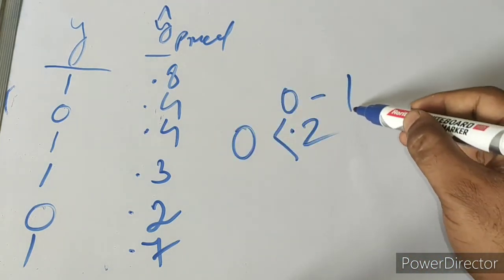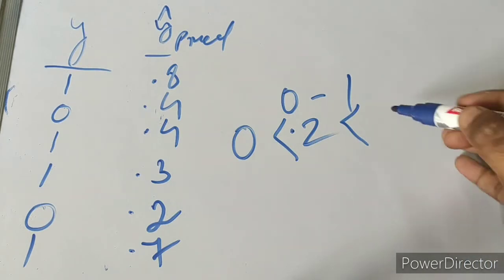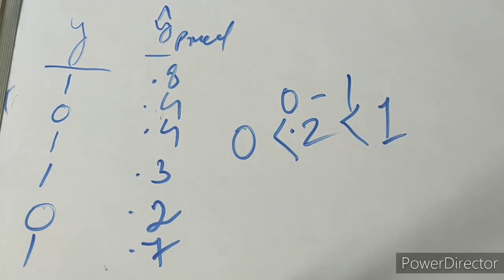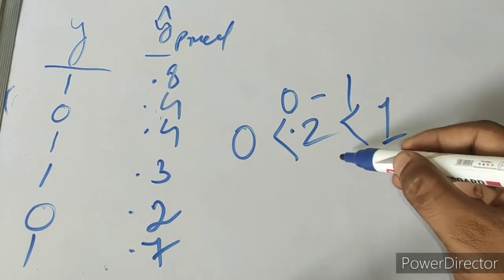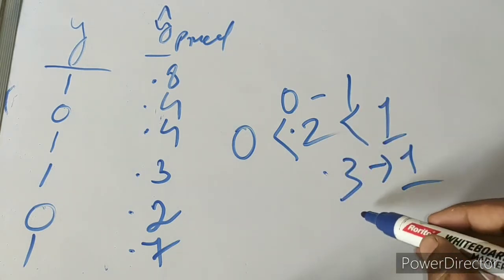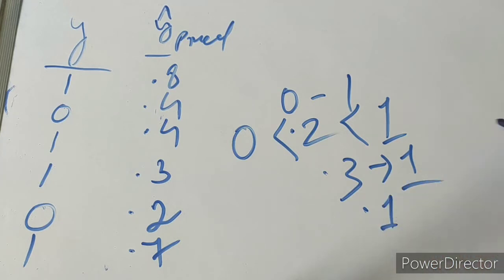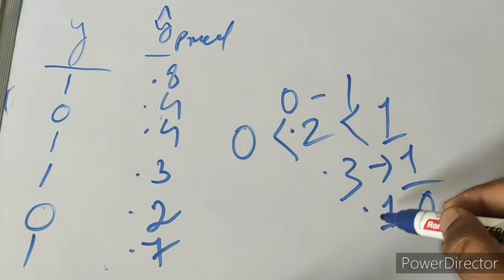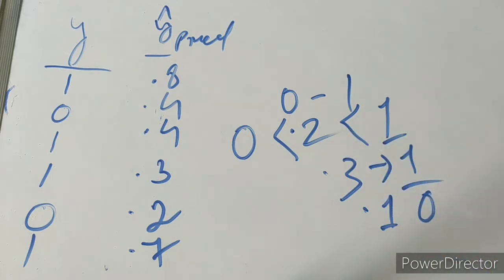Whatever value comes above 0.2, that is 1. So if the value is 0.3, then 0.3 will be turned into 1. If the value is 0.1, then 0.1 will be turned into 0, because 0.1 is less than 0.2. In that way the calculation happens.